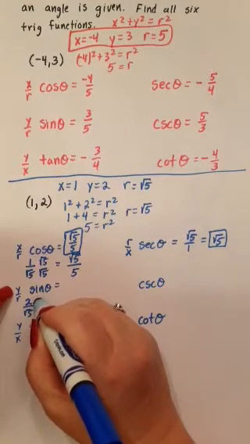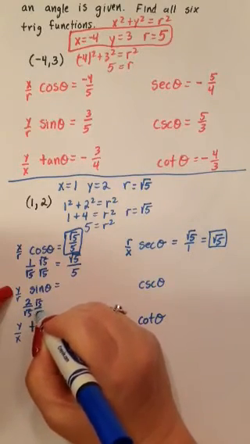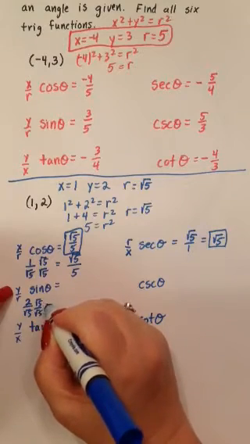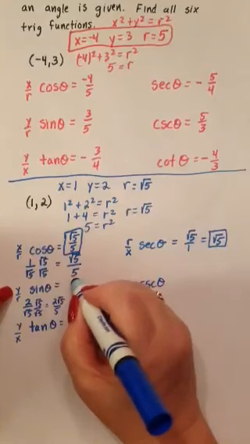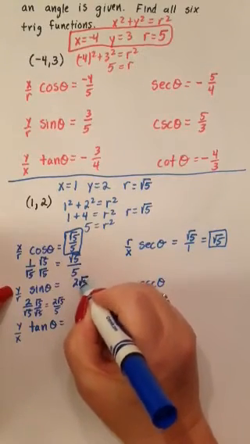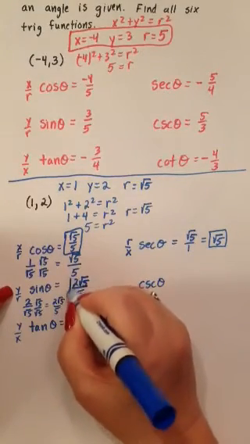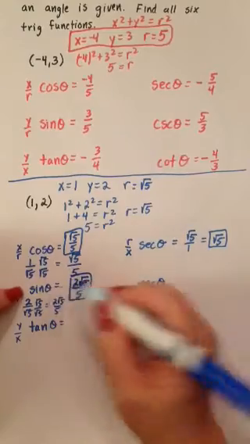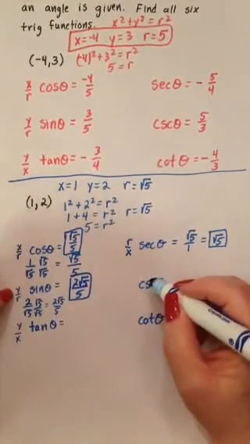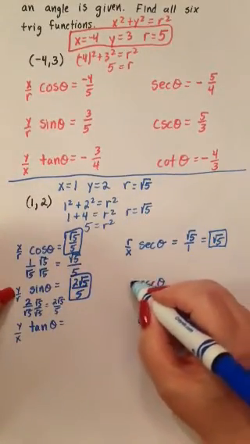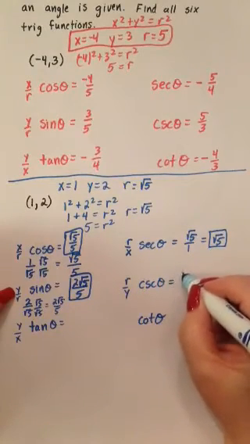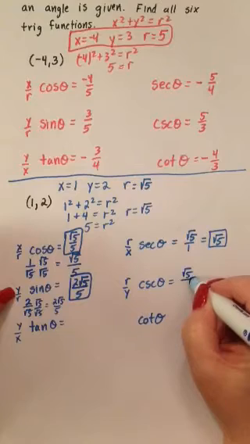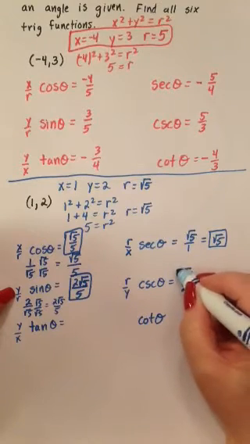We rationalize the denominator, and we get 2 root 5 over 5. So I'm going to go ahead and write that down. 2 root 5 over 5. That's what the sine of theta is. Cosecant is the reciprocal of sine. It's r over y. And so r is square root of 5, and y is 2. So that's just my answer.